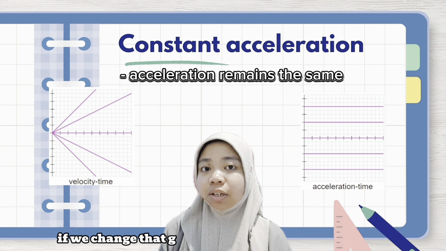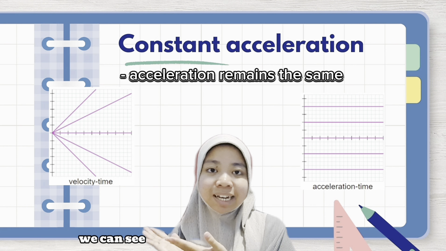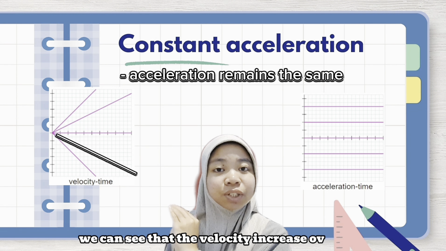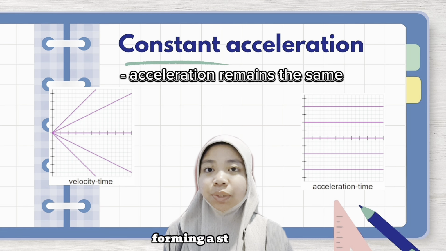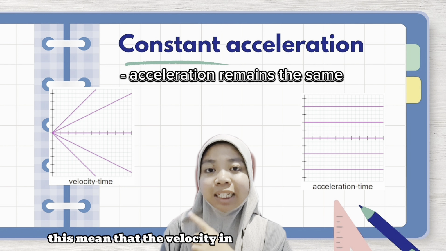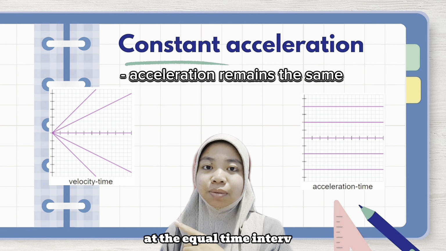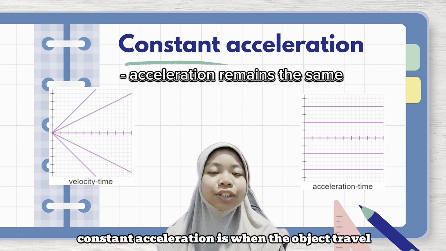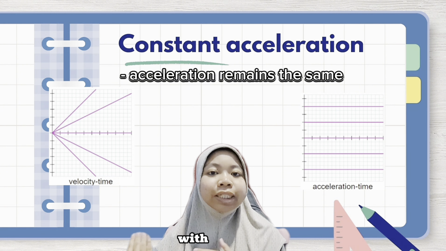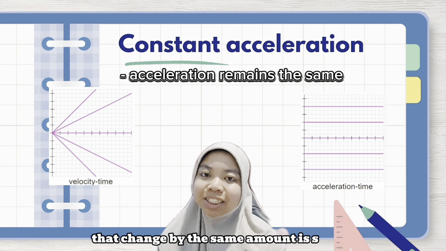If we change that graph into a velocity over time graph, we can see that the velocity increases over time, forming a straight line. This means that the velocity increases by the same amount at equal time intervals. Therefore, constant acceleration is when the object travels with a speed that changes by the same amount each second.